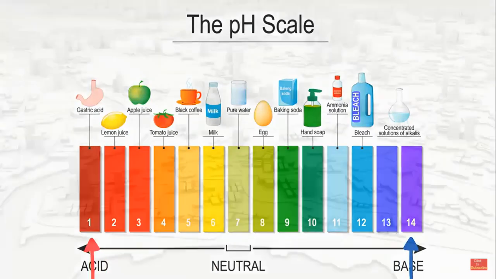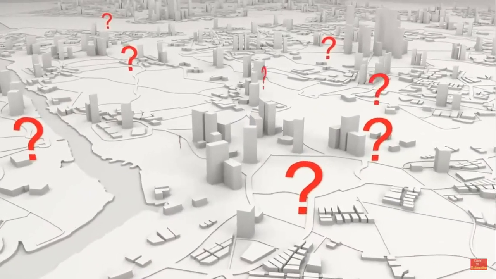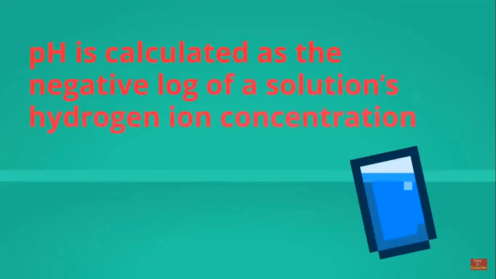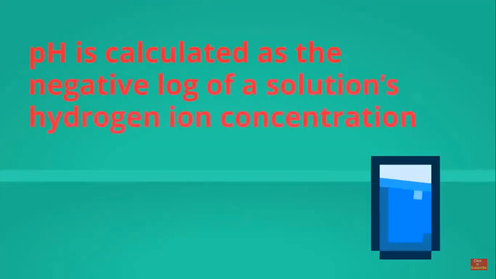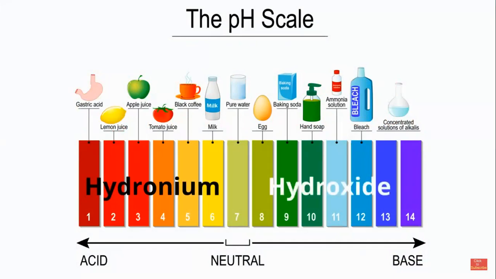So what creates an acid or a base? Technically, pH is calculated as the negative log of a solution's hydrogen ion concentration. But in very simple terms, acids gain hydrogen ions and create hydronium, and bases are created by losing hydrogen ions and creating hydroxide.